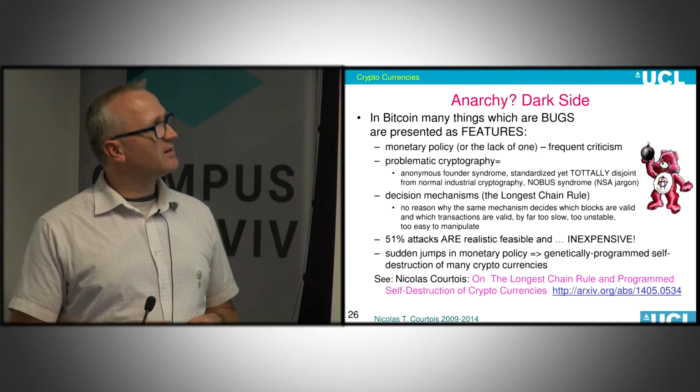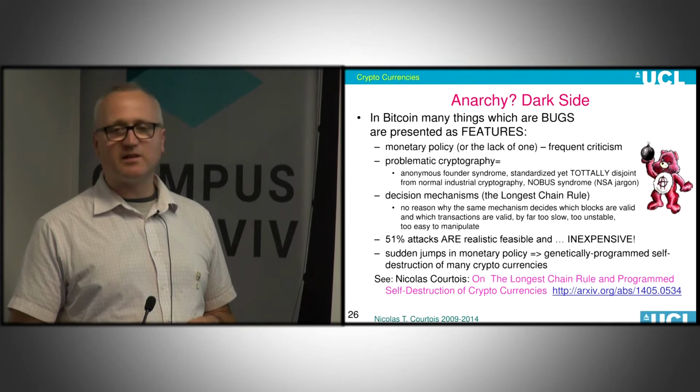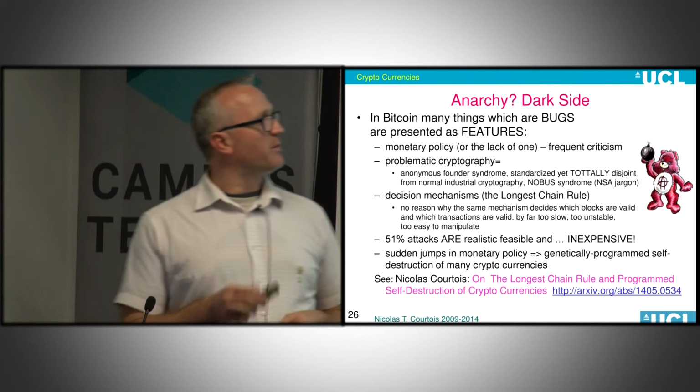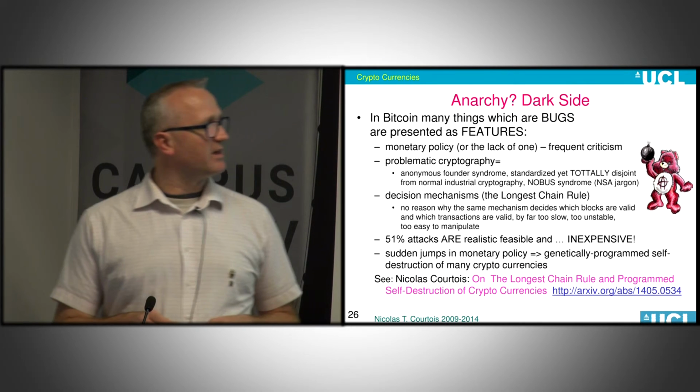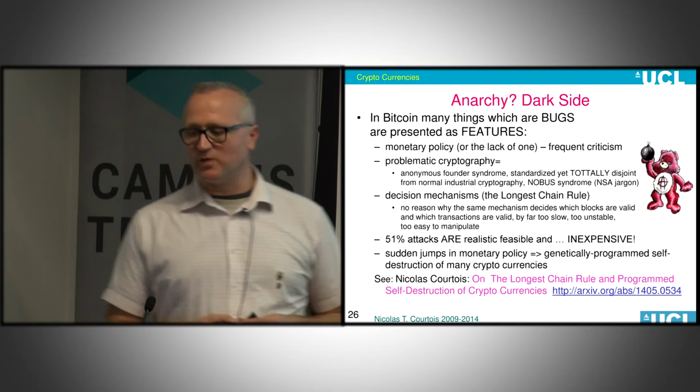Decision mechanisms like the longest chain rule. 51% attacks, sudden jumps in monetary policy. I think I was the only person who has actually looked at this question. If you want to know more about these things, you can read the long paper which I have posted on arXiv. I'm not going to expand on this.